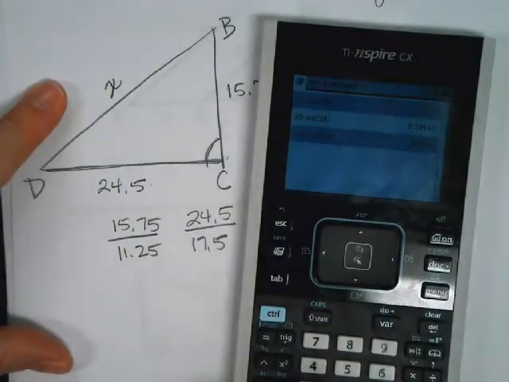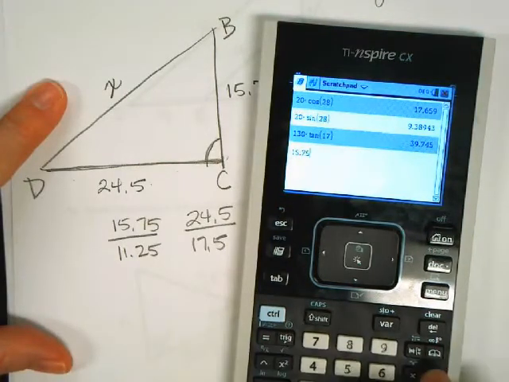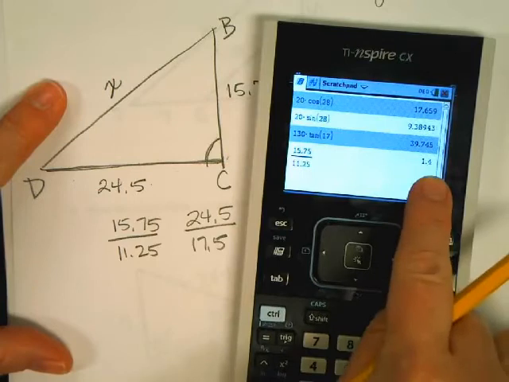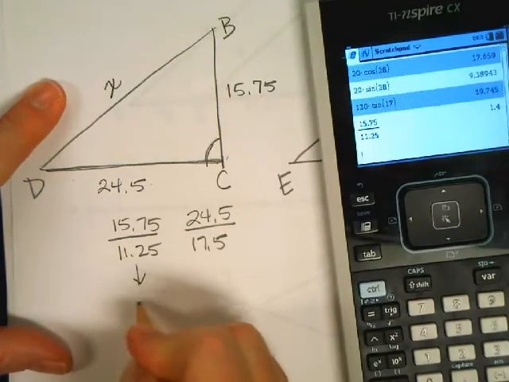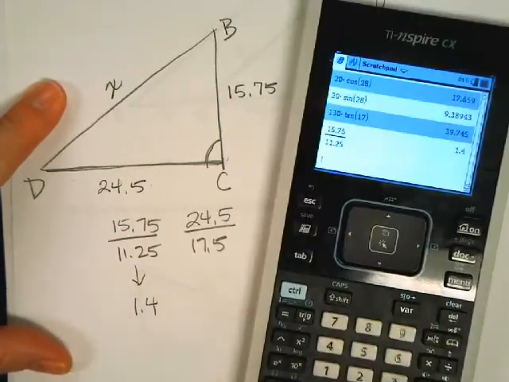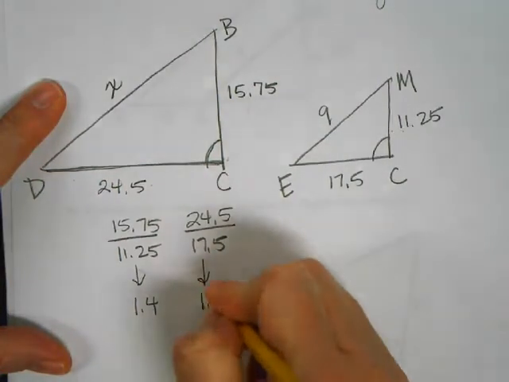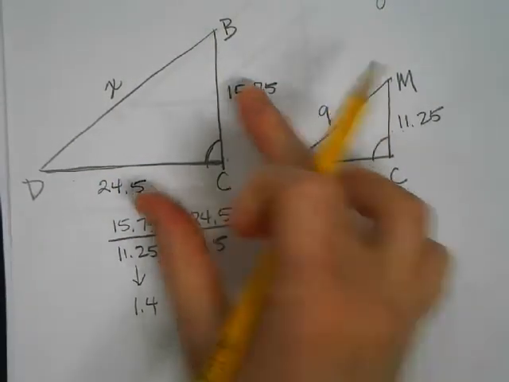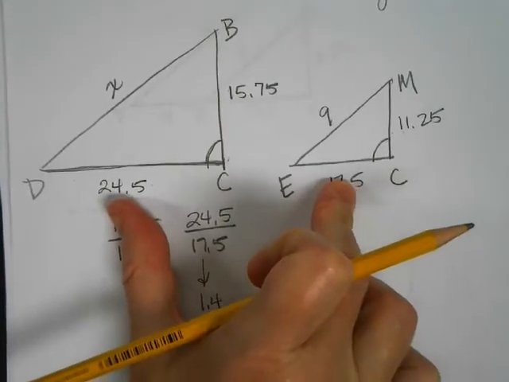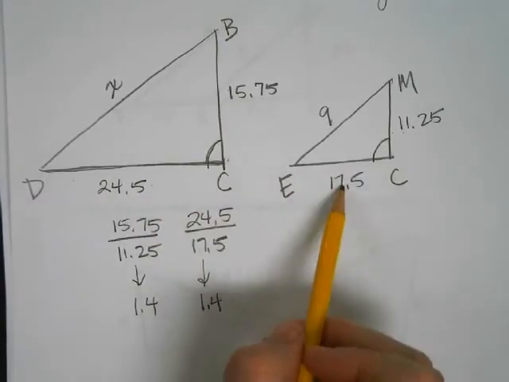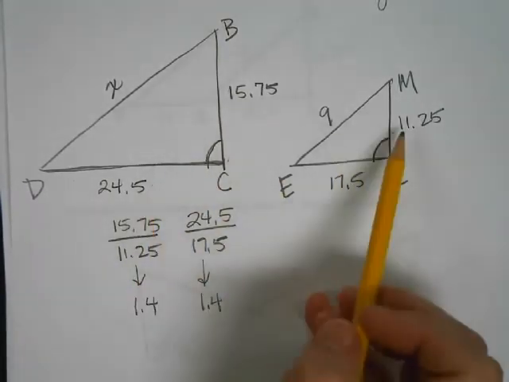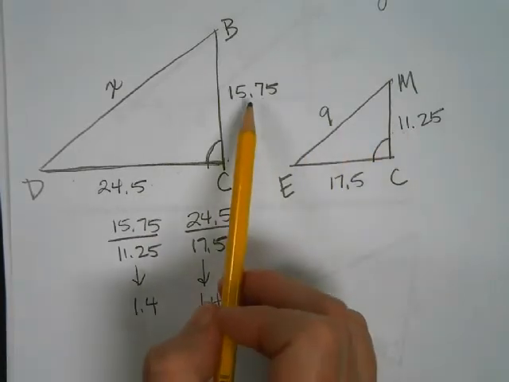So 15.75 divided by 11.25 is 1.4. 24.5 divided by 17.5 is 1.4. So that tells me that whatever I do to 17.5 to get 24.5, I'm going to do the same thing to 11.25 to get 15.75.